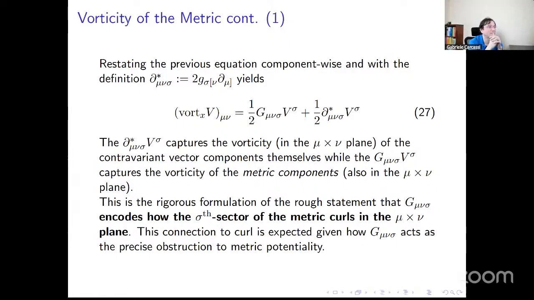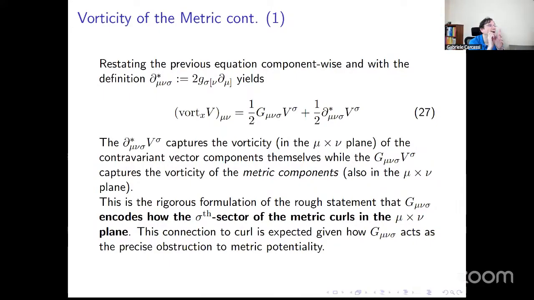There you go. So as you move around, the vorticity in the mu nu plane directly encodes the failure of this vector to come back to exactly where it started. And if the vector itself is constant, as in the case of moving a ruler around a loop, the only non-zero term you're going to get is G mu nu sigma contracted.